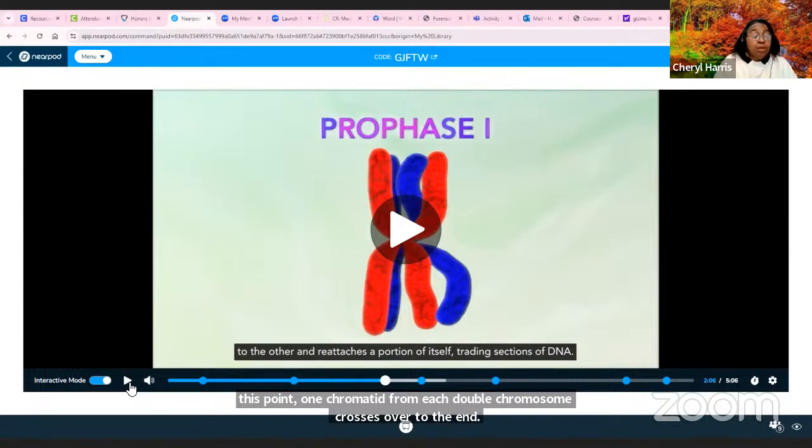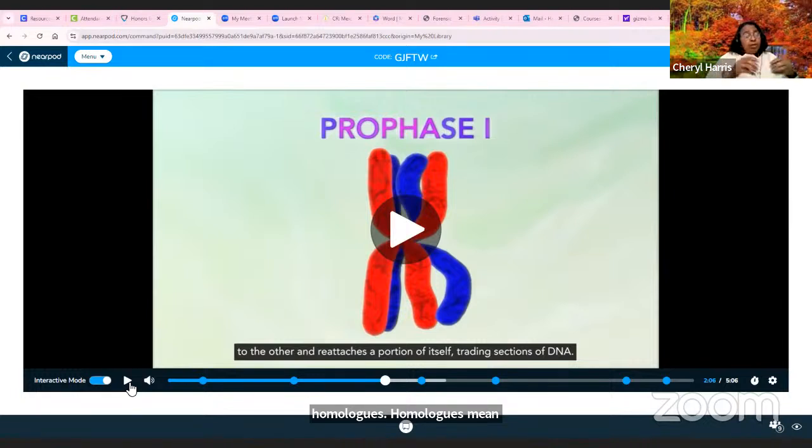homologs. Homologs mean that when you're looking at chromosomes, everybody has similar chromosomes that code for the same things. So when they map the chromosomes, they want to know this is the one, and they number them. This is the one that codes for all of these body parts, and the one from the sperm has the same chromosome for the same characteristics.